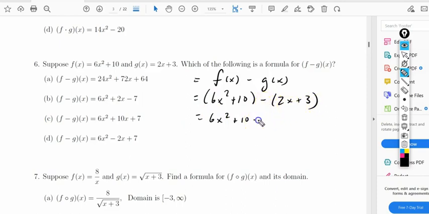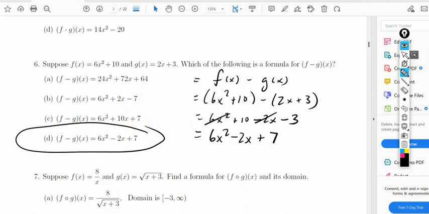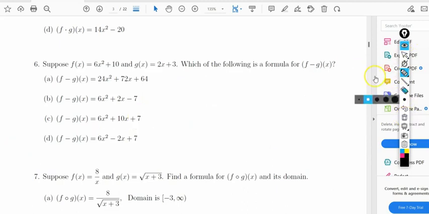So minus 2x, and then minus positive 3, so minus 3. And the most common mistake students make is they only apply the negative sign to the first term of g and not to every term of g. And then 10 minus 3 is 7. So the most common mistake people make is they think it's 10 plus 3 and they get a plus 13 on there, but that's not the answer. So number 6 is D.